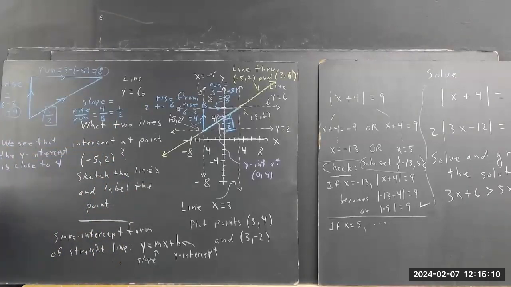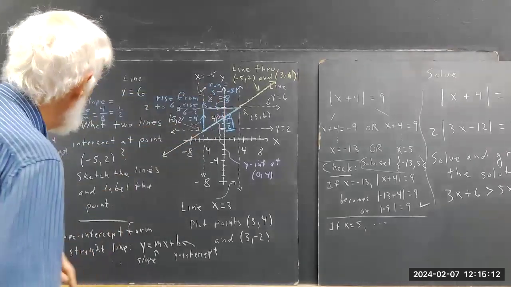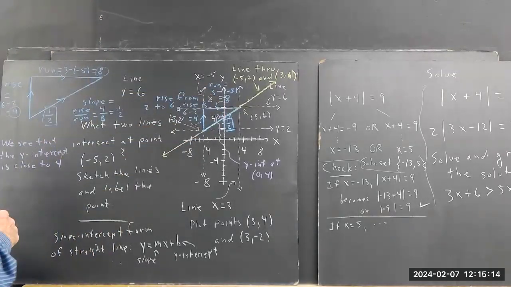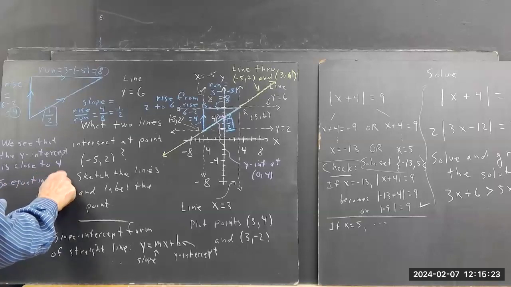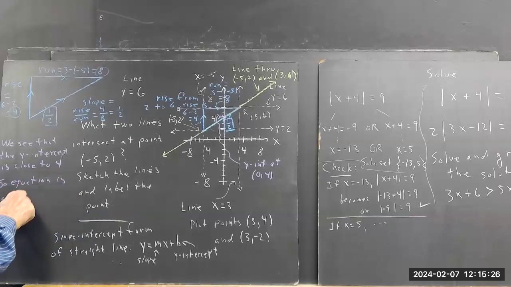If you've done a good job on the graph, that y-intercept should be close to 4. So the equation should be approximately y equals 1/2 x plus 4.